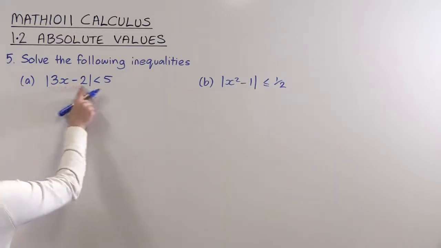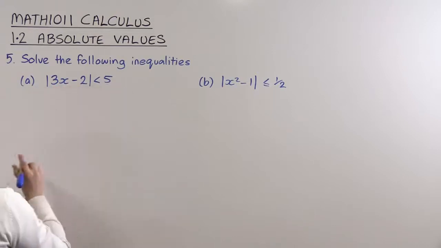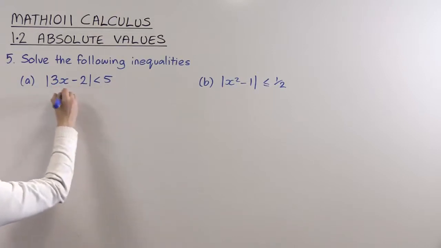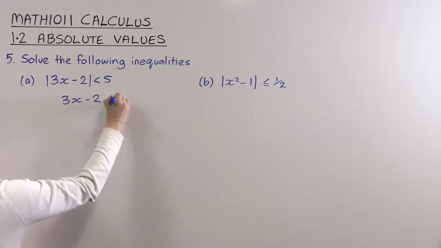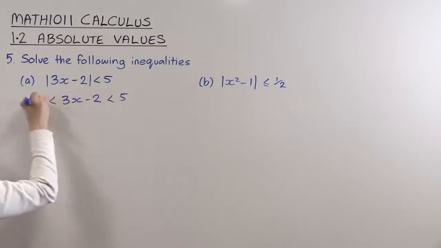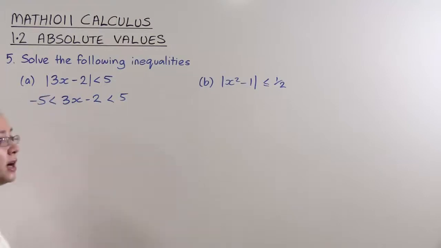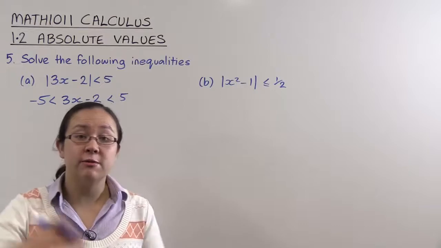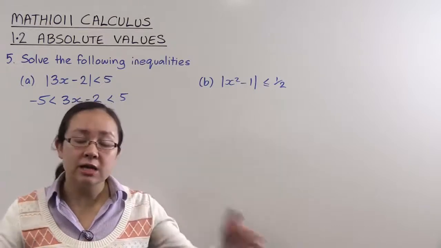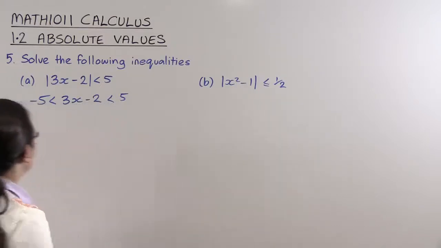Now, when the absolute value of something is less than 5, what's happening is that something, which here is 3x minus 2, must be between minus 5 and 5. When you take the absolute value of a number, if it's going to be less than 5 in magnitude, it has to be somewhere between minus 5 and 5.